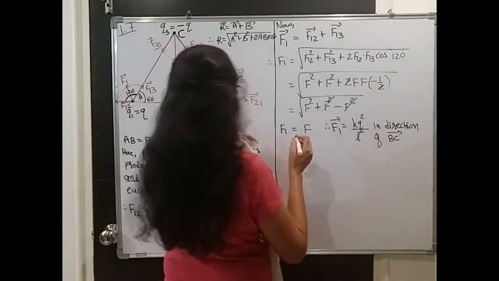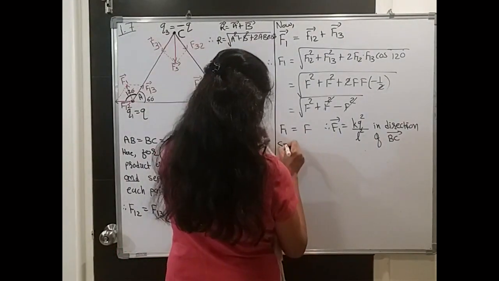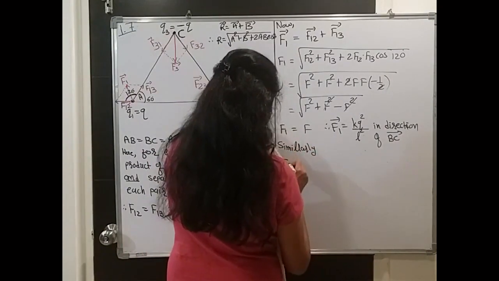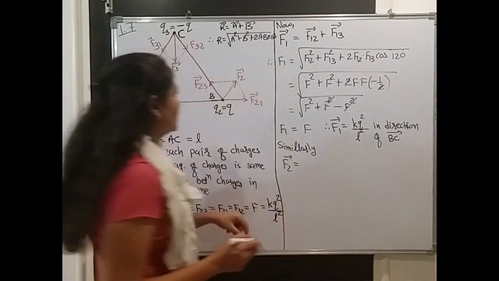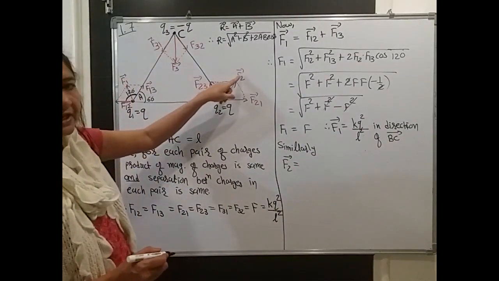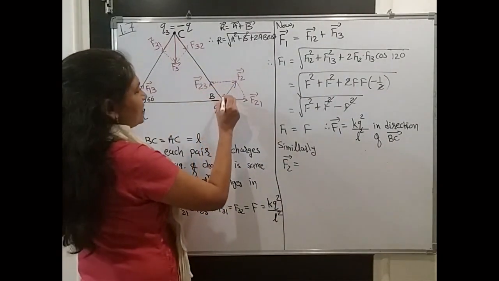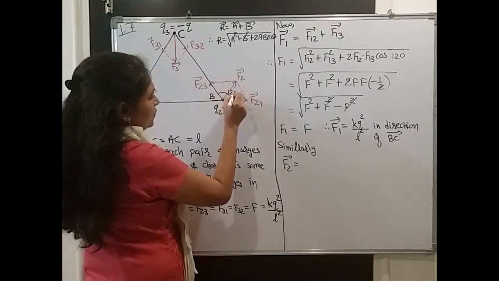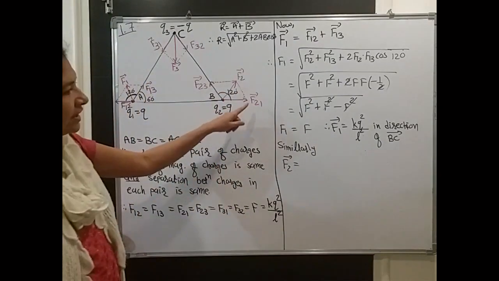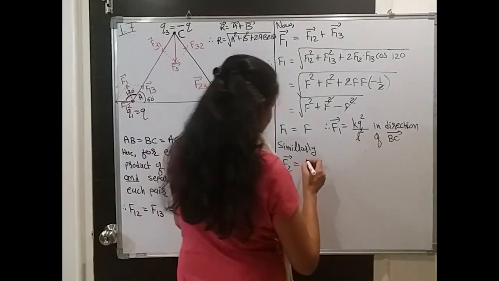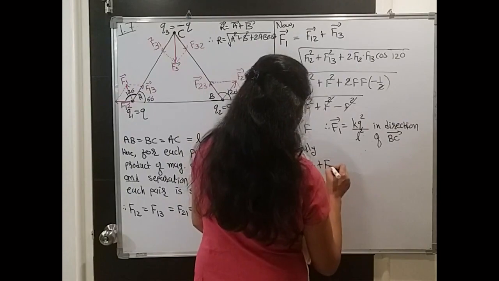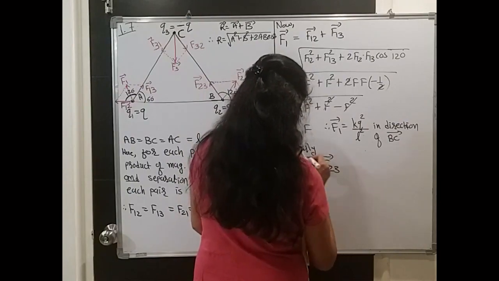So now I will find F2. Similarly, vector F2. Okay. Again, F2 is here. What is the angle between F21 and F23? Once again, this will become 120. So here I will write F2 equals F21 plus F23.